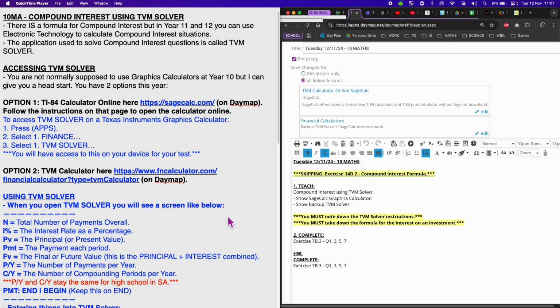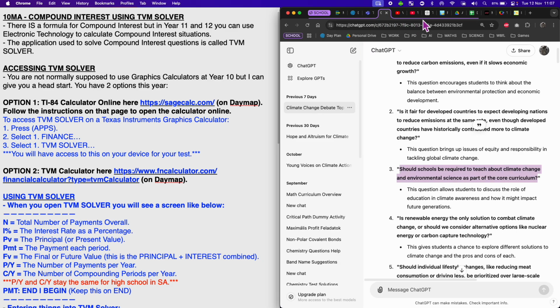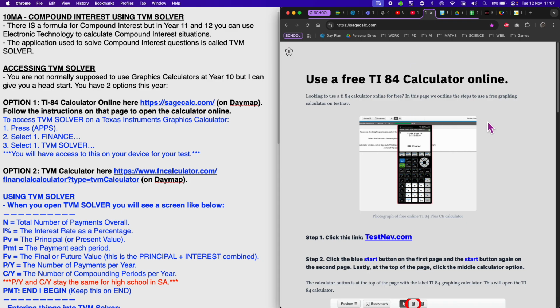Can you quickly take a seat? So, the first thing that you need to do, so that everyone's on the same page, this is the preferred one. Can you please open this link to Sage Calc? When you open that, it should lead to a screen that looks like this.